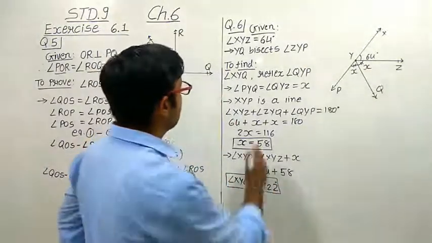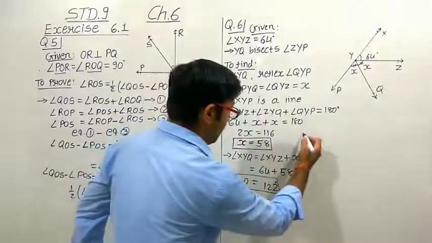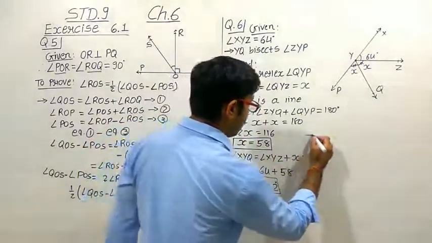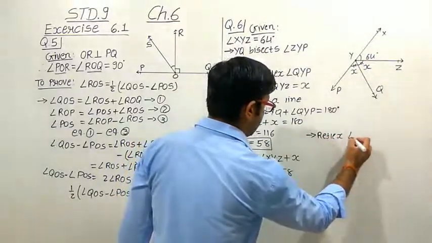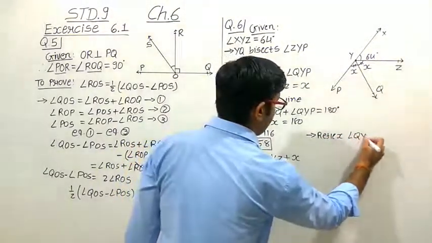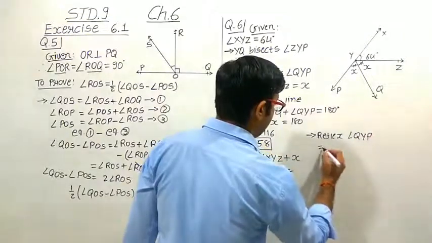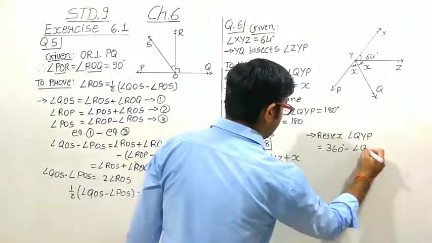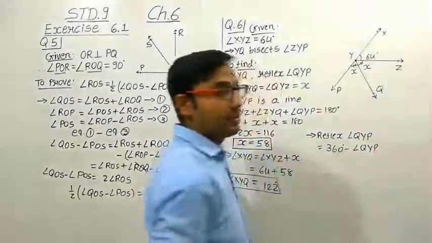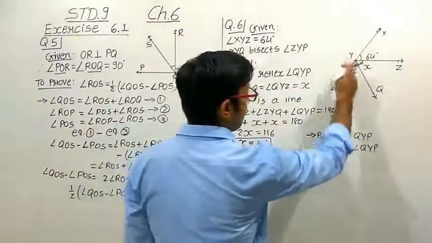Now we have to find the reflex angle QYP, and we know that reflex angle QYP we can write as 360 degrees minus angle QYP, right? And QYP is what again?